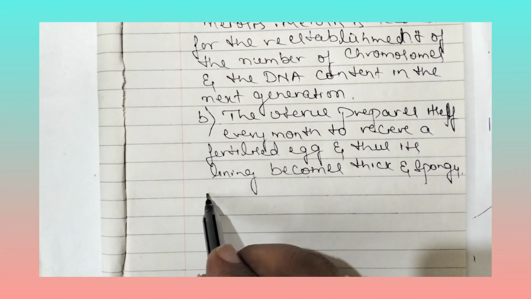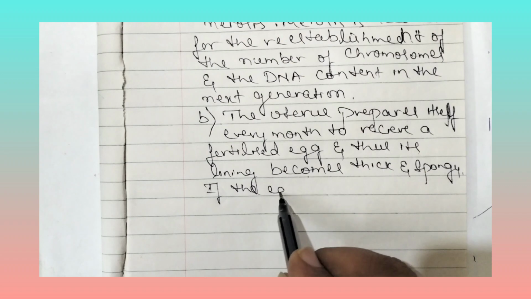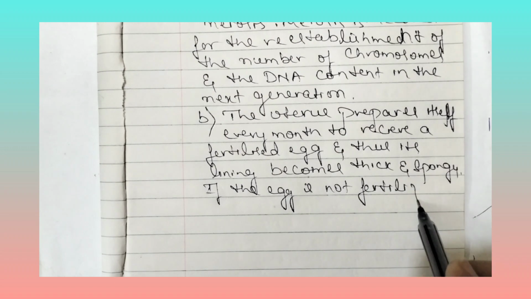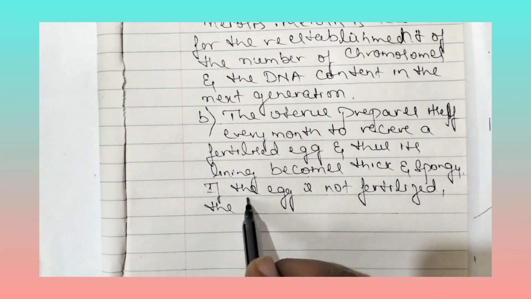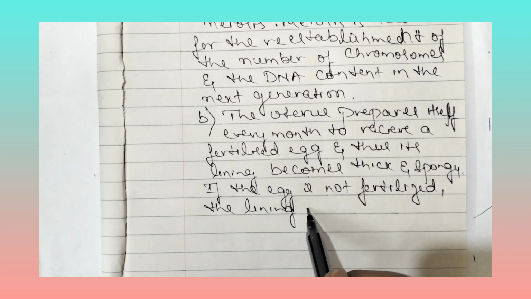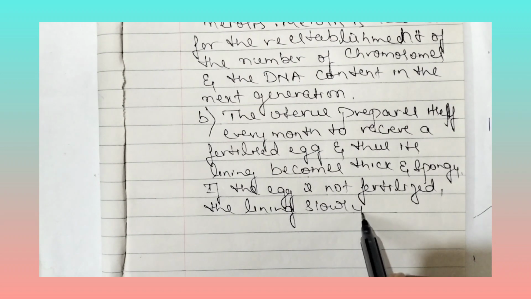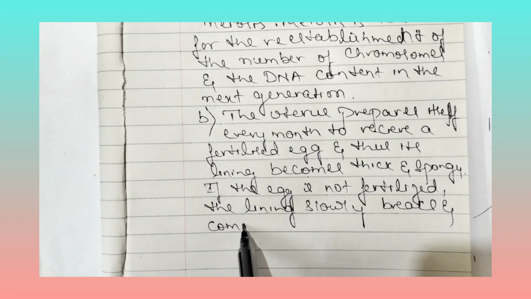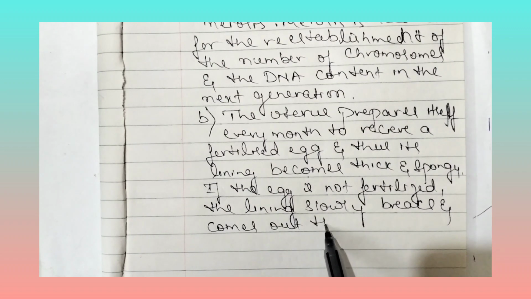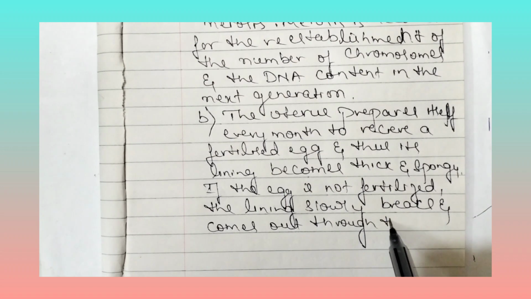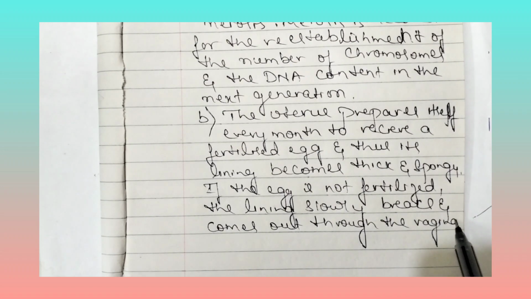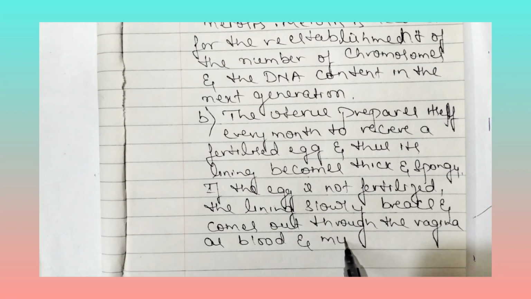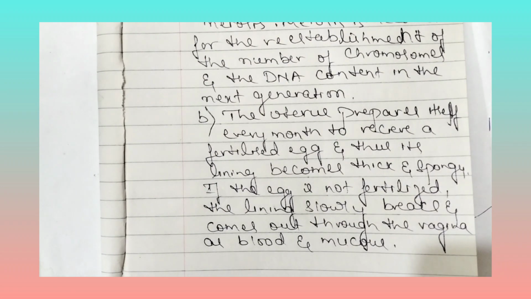Then if the egg is not fertilized, the lining slowly breaks and comes out through the vagina as blood and mucus. This is how menstruation occurs.